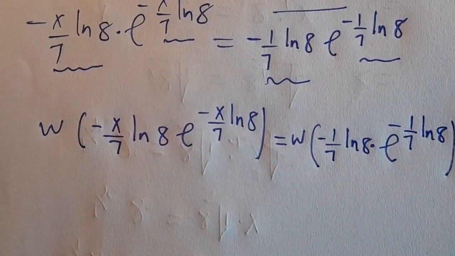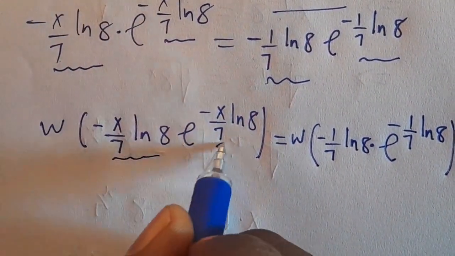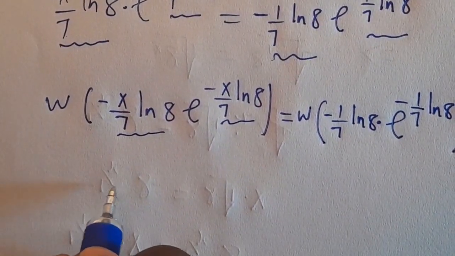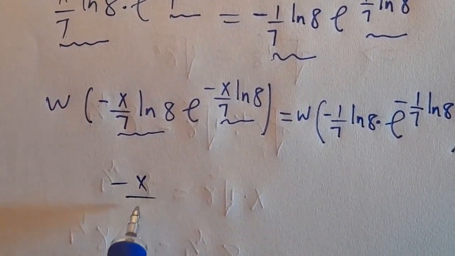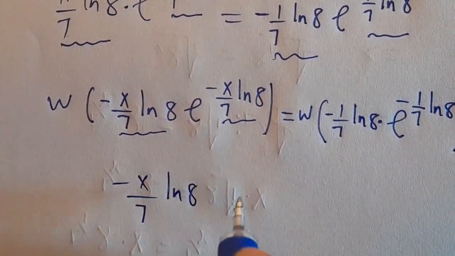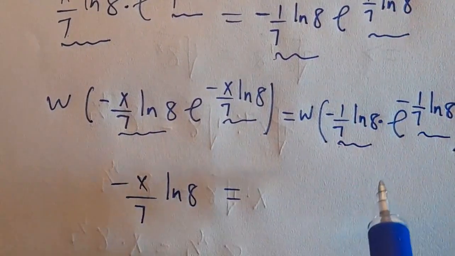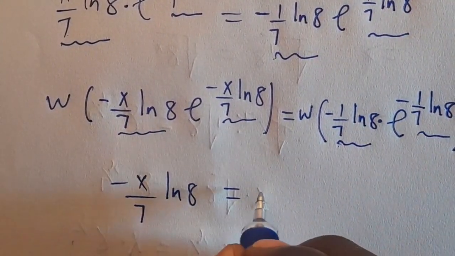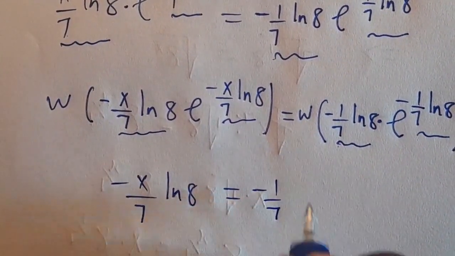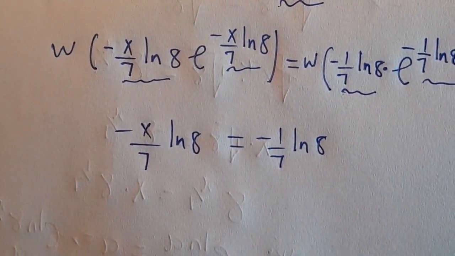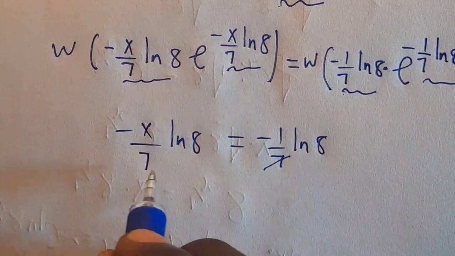So from here, the base and the power are the same, so we are going to take the output to be either of the one. Then we have minus x divided by 7 ln of 8 equals, since the base and the power are the same, we can take either of the one, minus 1 divided by 7 ln of 8. So from here, we have this 7 cancel this 7.